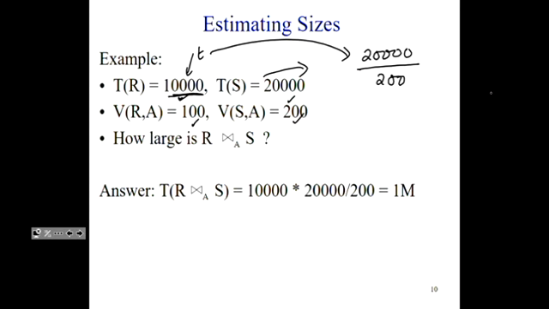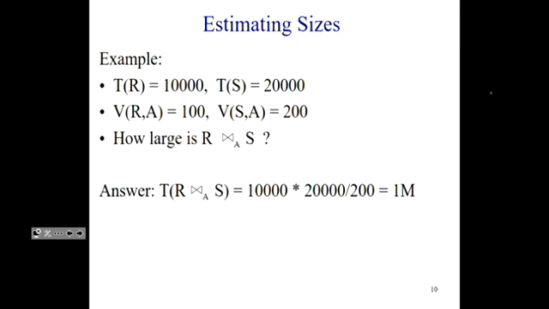The first thing that I should do is to not compare the sizes of the relations, but compare the size of the value sets. That's what I should have done. So I look at the number of values in R and the number of values in S, and I say, hey, the number of values in R is smaller, so I'm going to loop through all of the tuples in R and consider how many tuples in S it joins with.